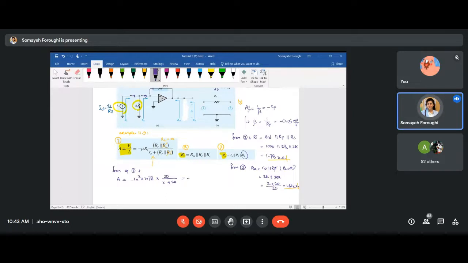Finally, you will have negative 1623.6 kilo ohm. This is your gain.